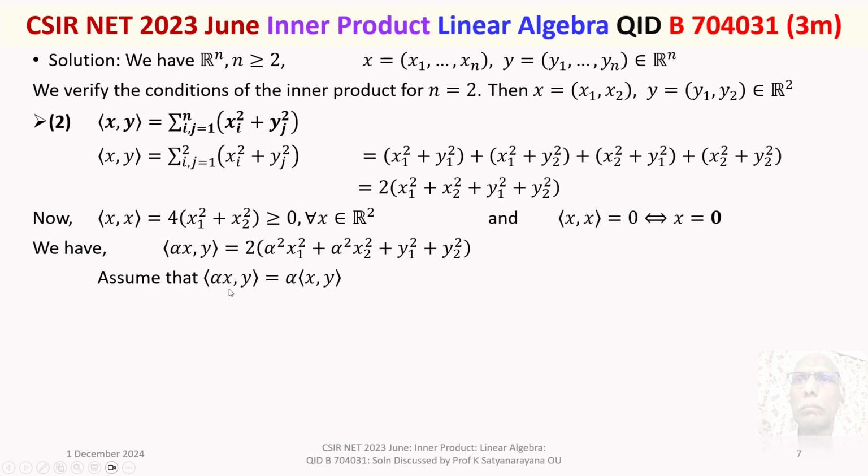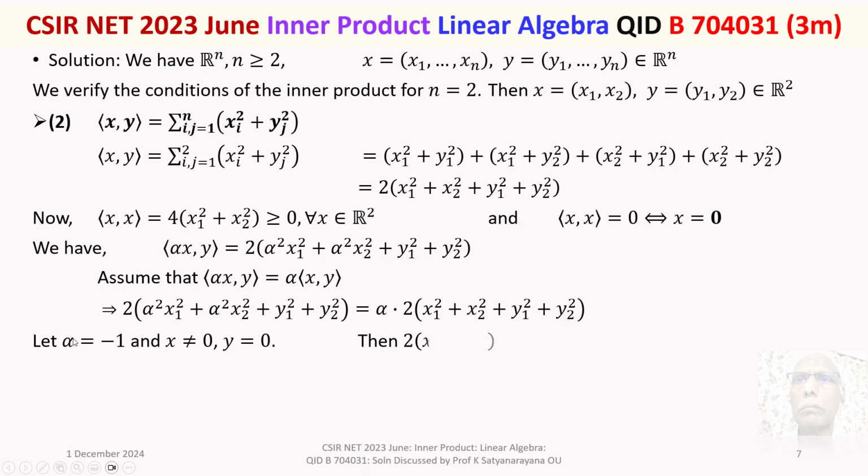That is, bracket alpha x comma y is equal to alpha times bracket x comma y. So that will imply 2 times alpha square x1 square plus alpha square x2 square plus y1 square plus y2 square is equal to alpha times bracket x comma y, and bracket x comma y is 2 times x1 square plus x2 square plus y1 square plus y2 square. Agreed.